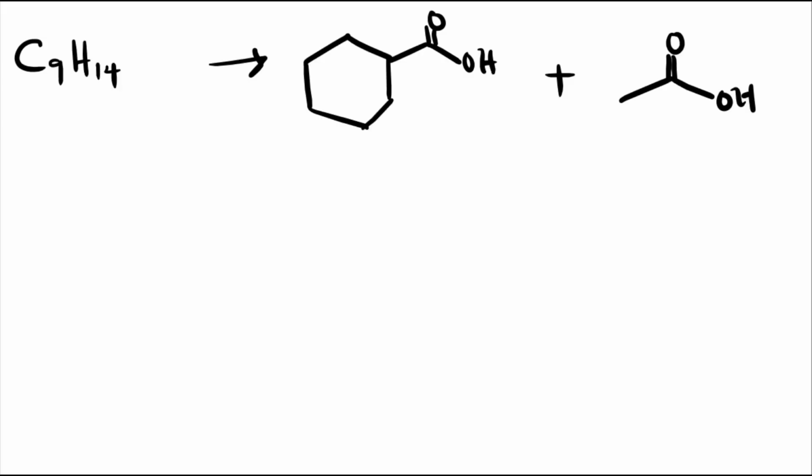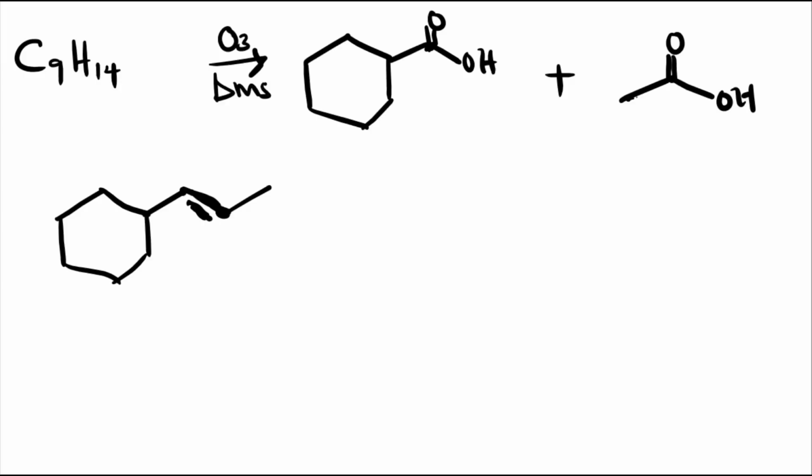So I know that they just cleaved at this point here. This is carbon number 1 outside the ring, carbon number 2. The other one has got 2 carbons, 1, 2. So if the double bond was here, here they used ozone to cleave in dimethyl sulfide.